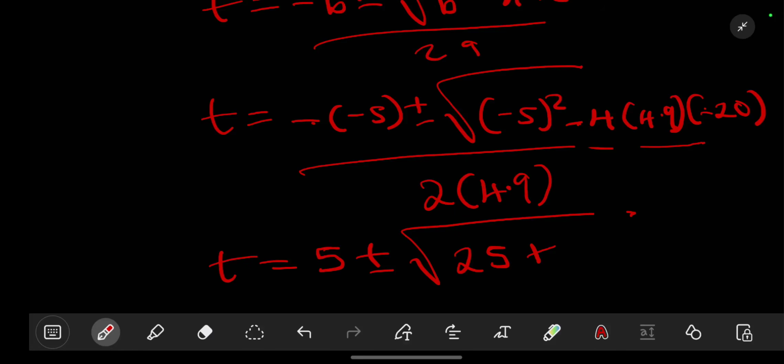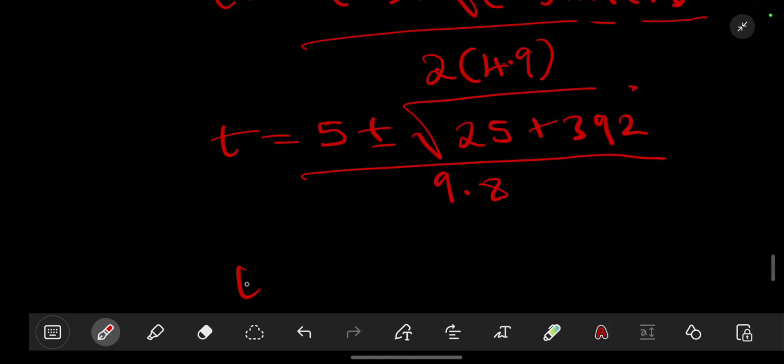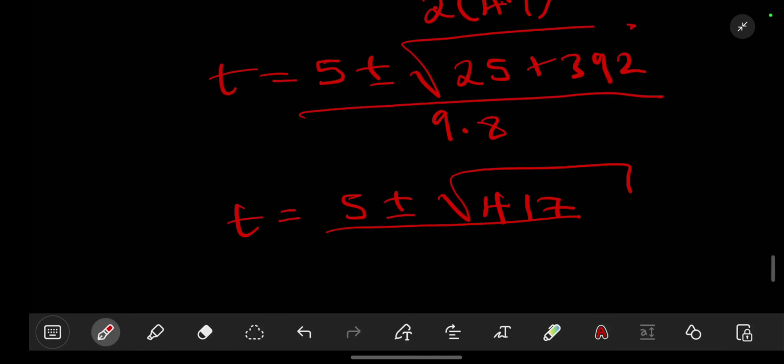This will give us 392. Then we have over this times this, which gives 9.8. So our time will be equal to 5 plus or minus the square root of 25 plus 392. This is going to give us 417. Then we divide this over 9.8.